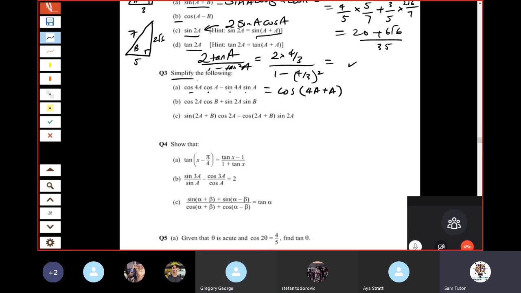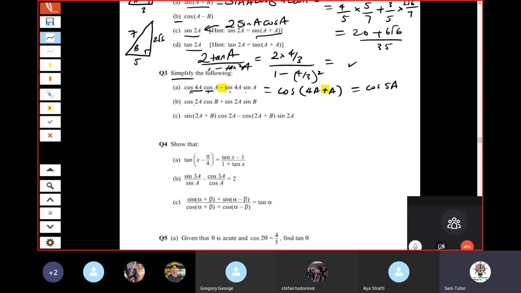So if this is minus for cos, this is going to be a plus. Can everybody see how we got that? Cos 4A plus A. If I expand this, it becomes cos 4A cos A minus sine 4A sine A. So the answer to that becomes cos 5A.